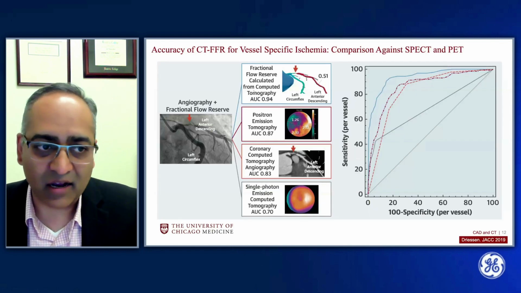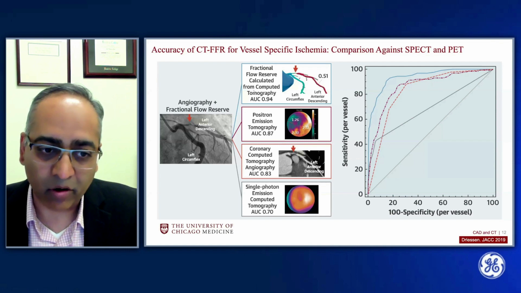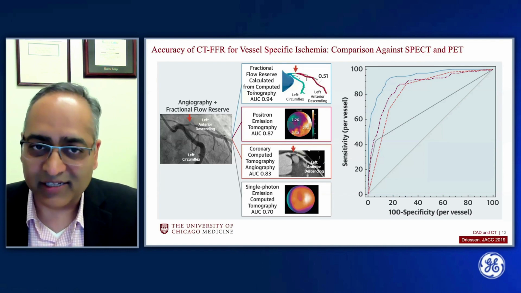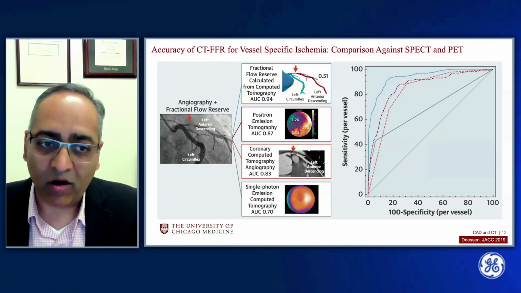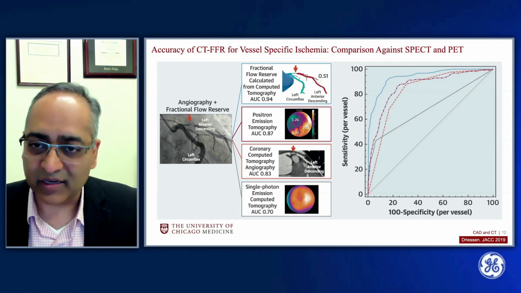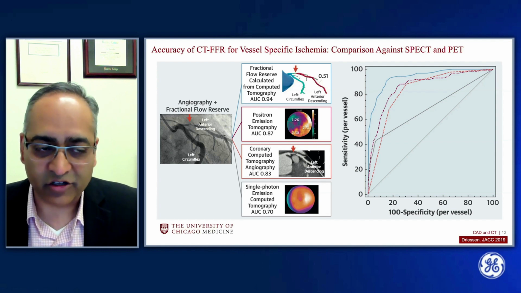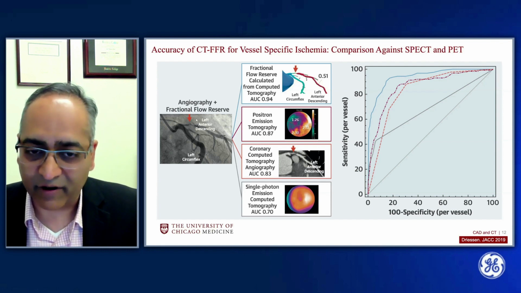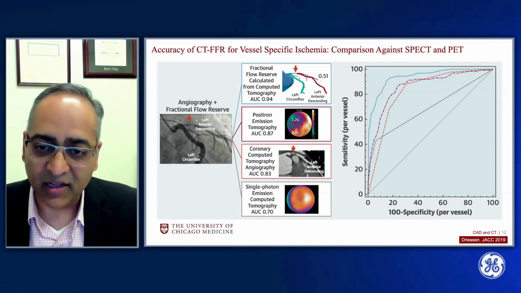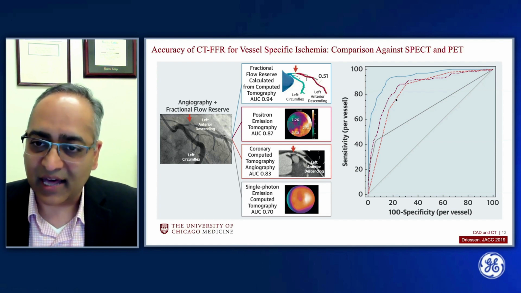Here's an interesting study in which patients were referred to both coronary CT and CT-FFR, and also for stress PET and stress SPECT, and all patients also underwent an invasive coronary angiogram with fractional flow reserve calculation. And what you can see is that SPECT had the poorest performance for detecting hemodynamically significant stenosis.